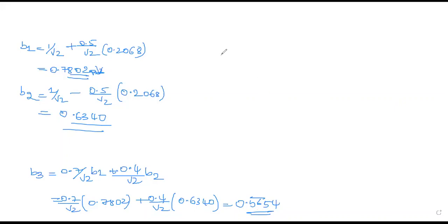Now we have got all the answers. Just find out the power delivered or transmitted at port 1, which is equal to the magnitude of B1 squared, which is 0.7802 squared.